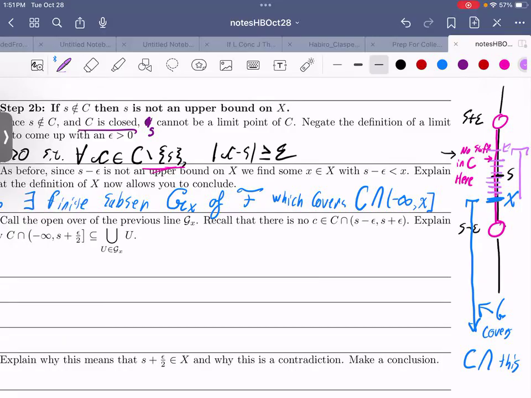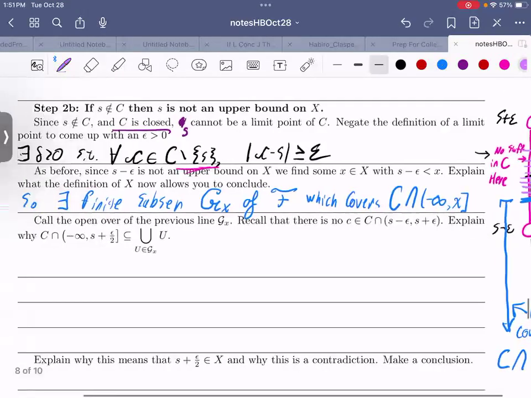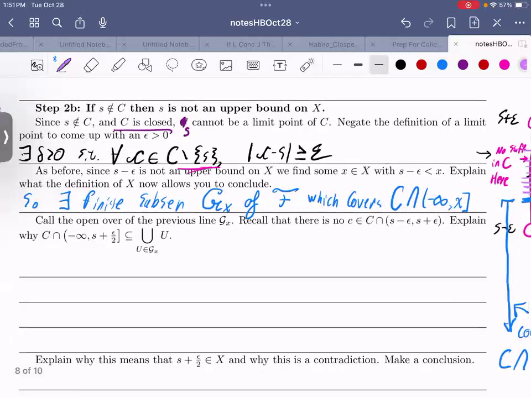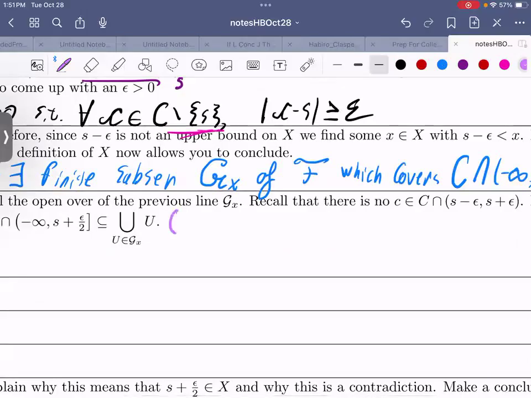So I don't actually increase the size of C intersect the bound if I move that x up, as long as I don't go past S plus epsilon. Ooh. So I think that means that the same set covers. So I guess said a different way, G_x also covers negative infinity to S plus epsilon over 2, close bracket, intersect C.